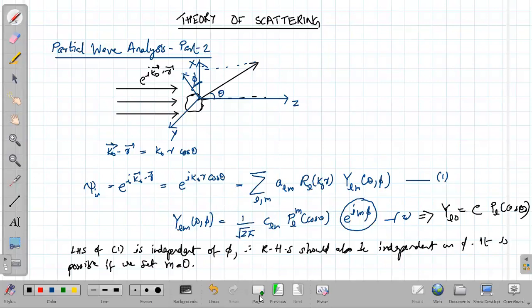Therefore I can expand my psi incident, the incident wave function, as simply a sum over l, with some expansion coefficient A_l, then R_l of k0 r, P_l of cos theta.